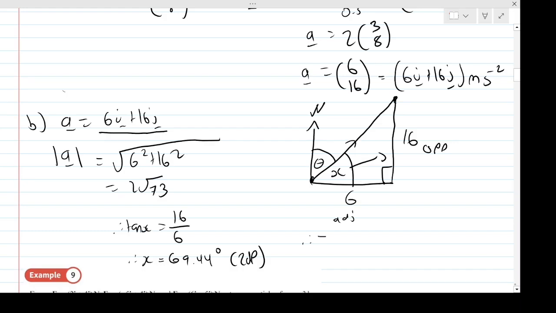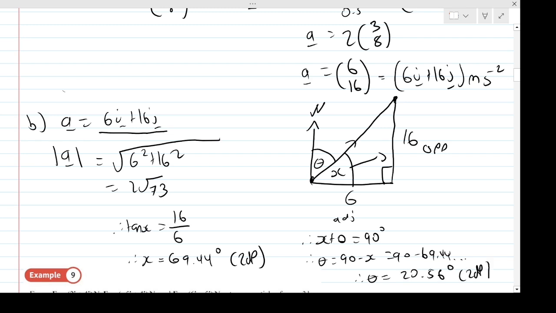So theta and x must add up to 90. So therefore, theta is 90 take away x, which is 90 take away this 69.44. If we work that out, theta will be 20.56 degrees to 2 decimal places.